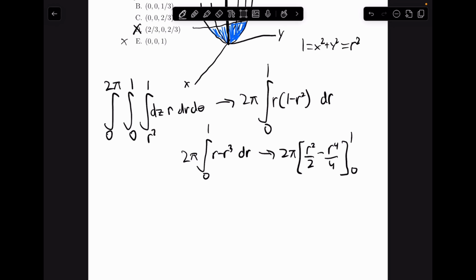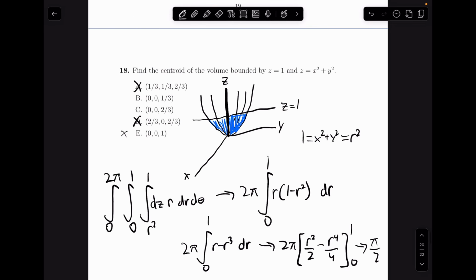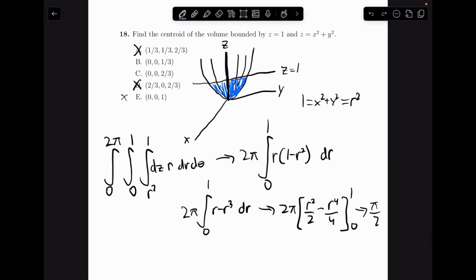Yeah, this is a little bit tedious, but not the worst. So the 0 bound is going to drop out, so we don't really care about that. We're going to get 1/2 minus 1/4, which is just 1/4. So this whole thing is just pi over 2. Okay, so that means our total volume of that blue region right here is going to be pi over 2.